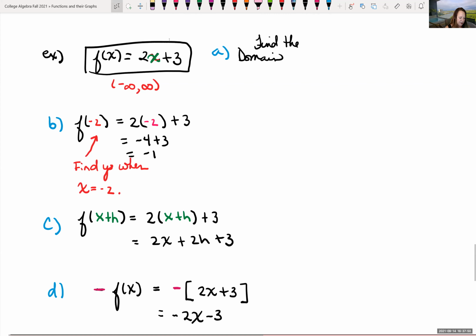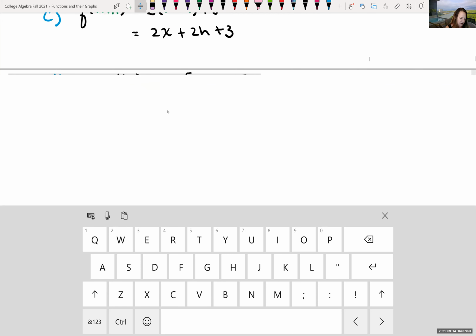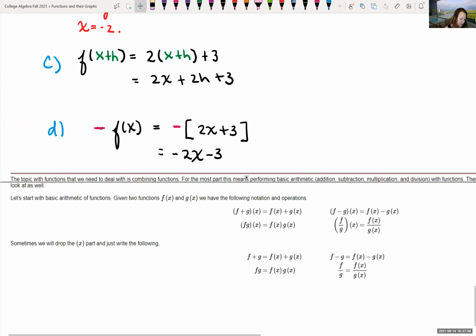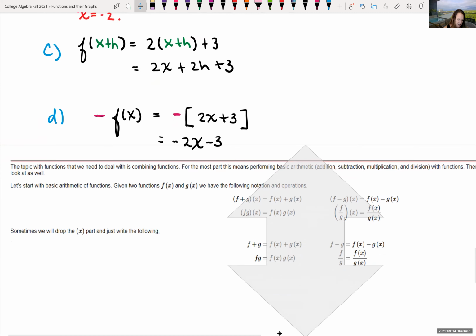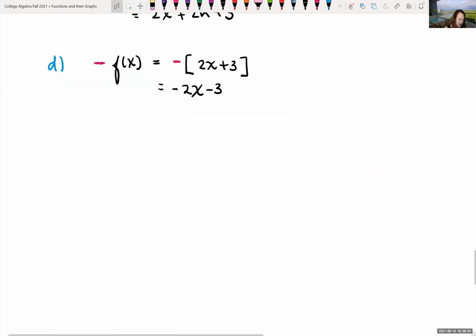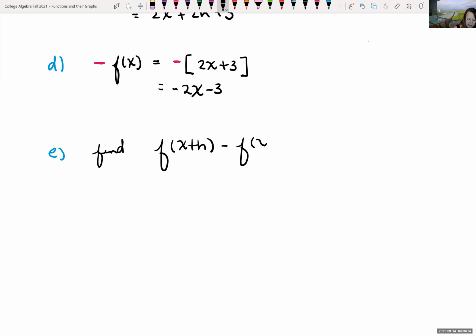And go a little bit further. And let's say it wants us to find f of x plus h minus f of x, and then it wants us to put it all over h.